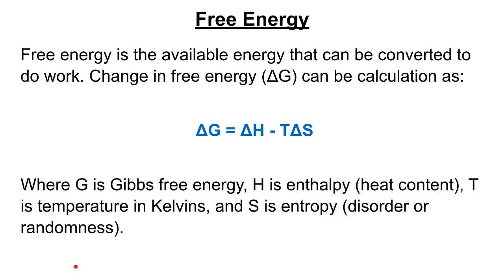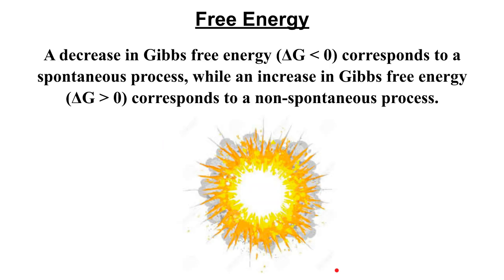Now, the calculation for free energy is delta G equals delta H minus T delta S. So change in free energy is equal to change in enthalpy minus the temperature times the change in entropy, where G is free energy, H is enthalpy, heat content, T is temperature in Kelvin, and S is entropy. That's the disorder or the randomness of the system there.